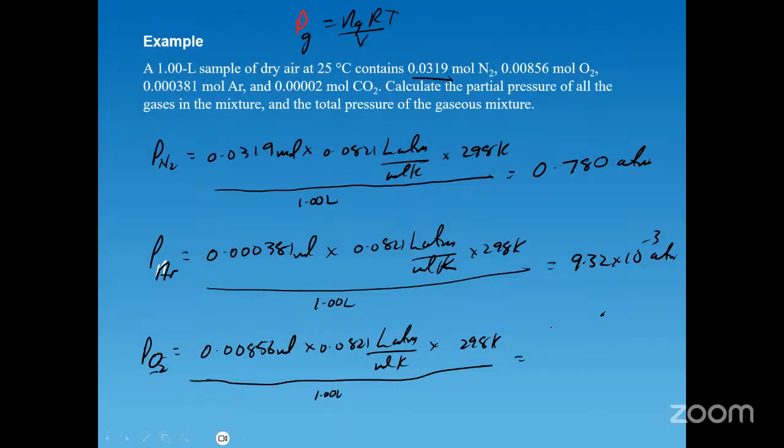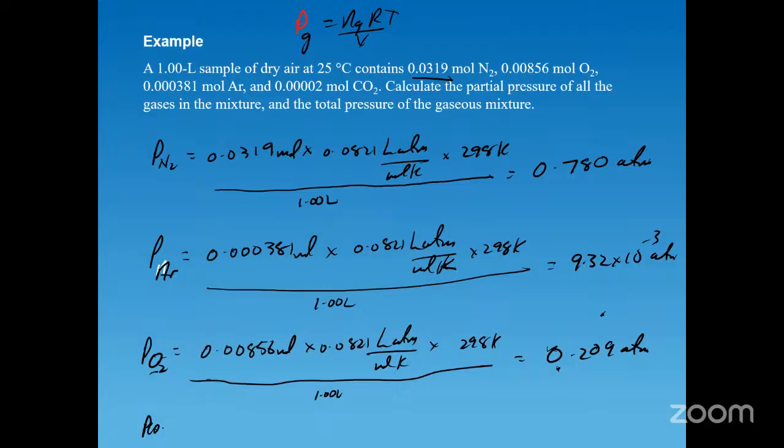So let's see what that gives. 0.00856 times 0.0821 times 298. So in this case here, the answer is going to be 0.209 atmospheres.